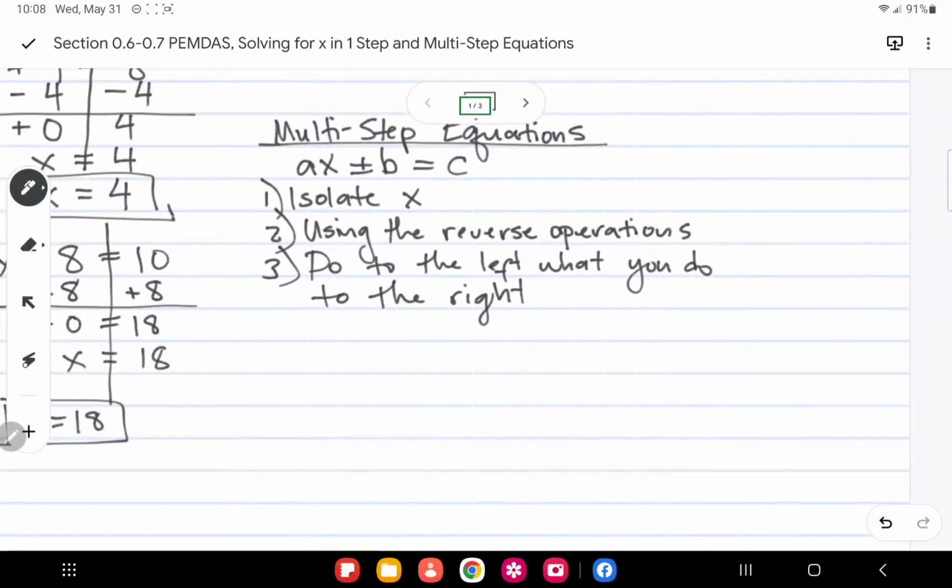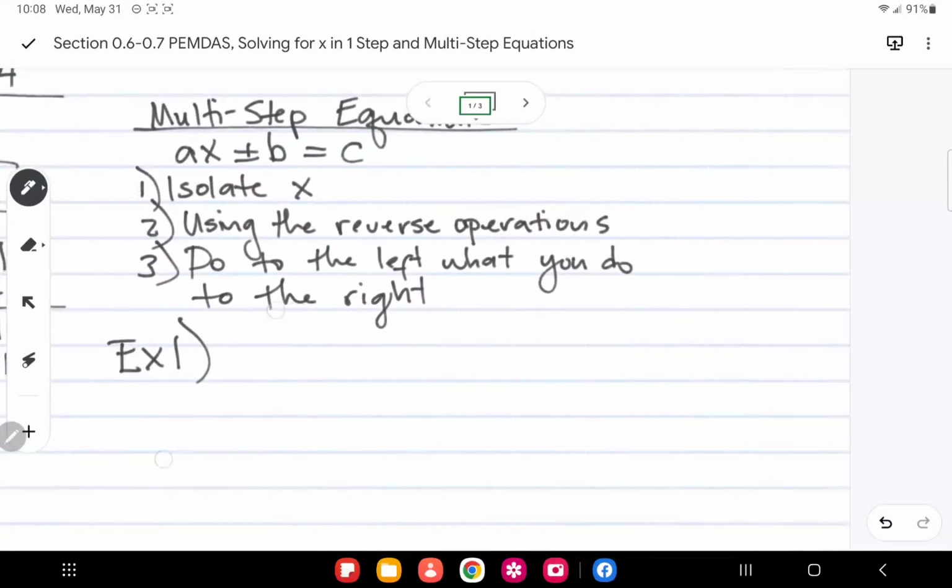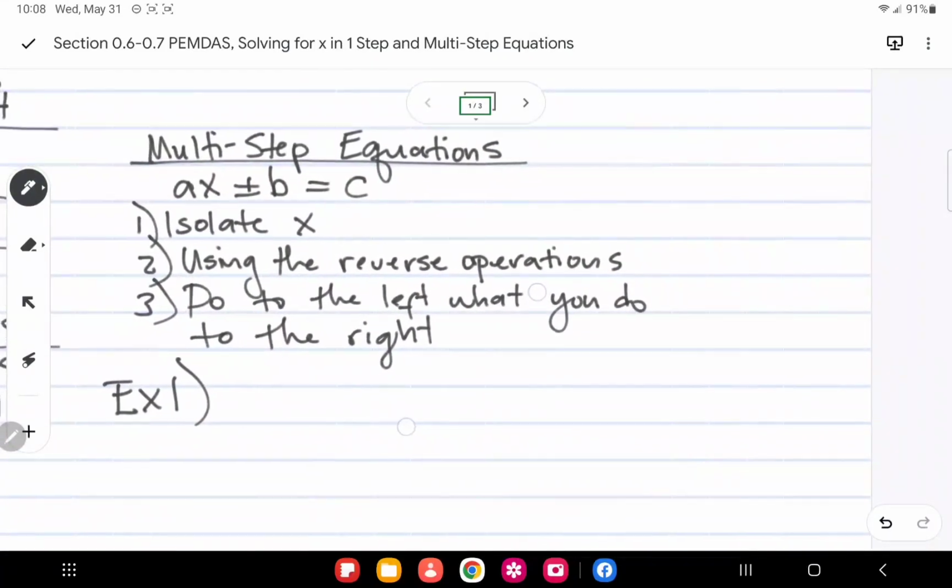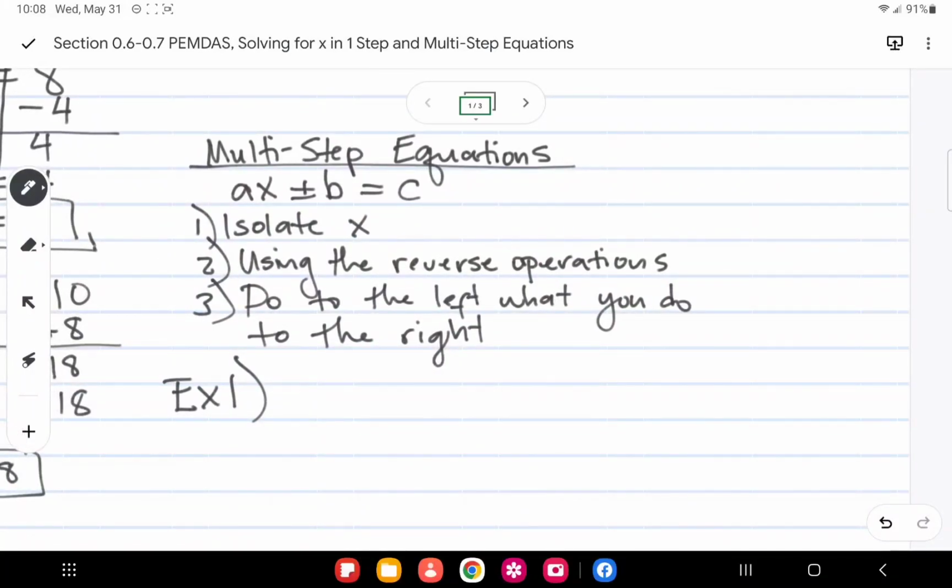So multi-step equations. Let's give an example here. Example 1, let's say we have 2x plus 3 equals 11. Okay?